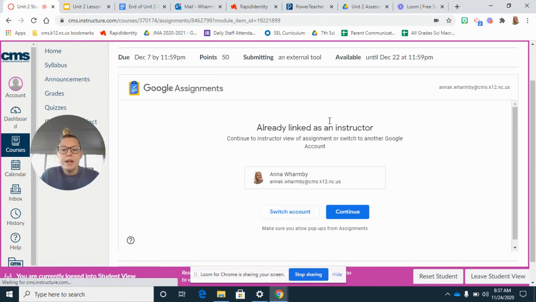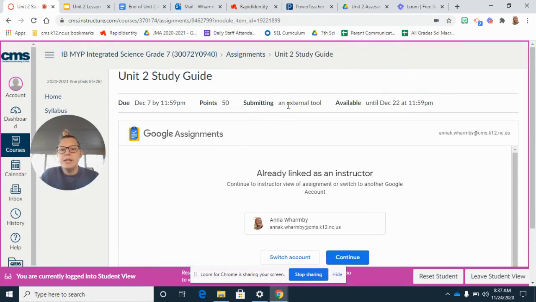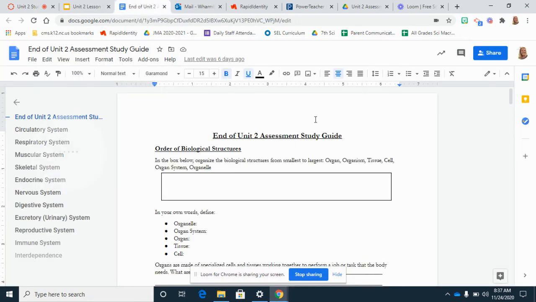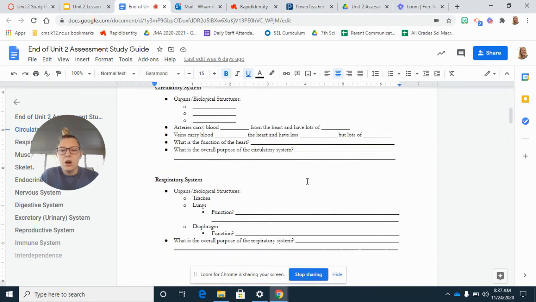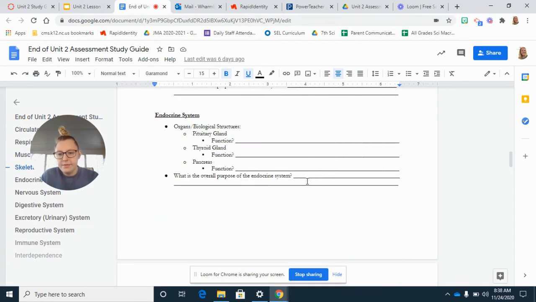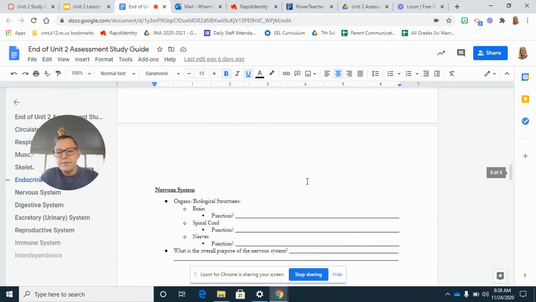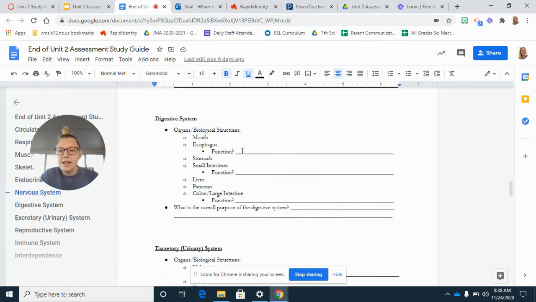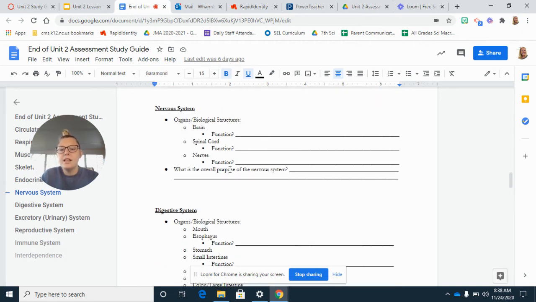And you should have already opened the study guide, but I always put it in here just in case, and also to remind you to complete the study guide. You should have already completed all of this. The endocrine and the nervous is what you filled out last Friday in class.